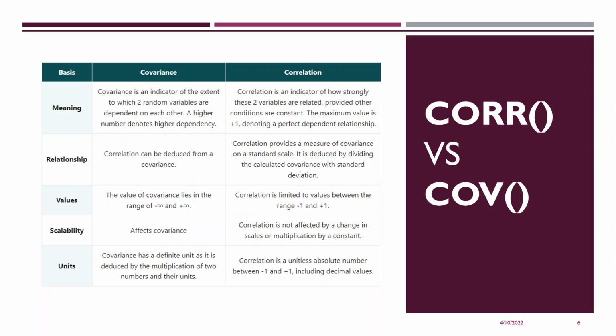Covariance values are unstandardized. Covariance can go from negative infinity to positive infinity, whereas correlation can only go from -1 to +1, so negative 1.0 to positive 1.0.